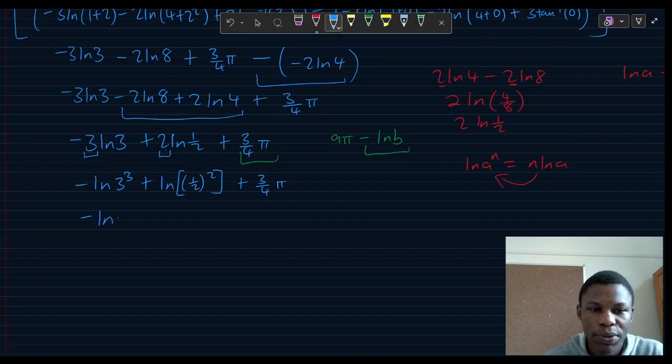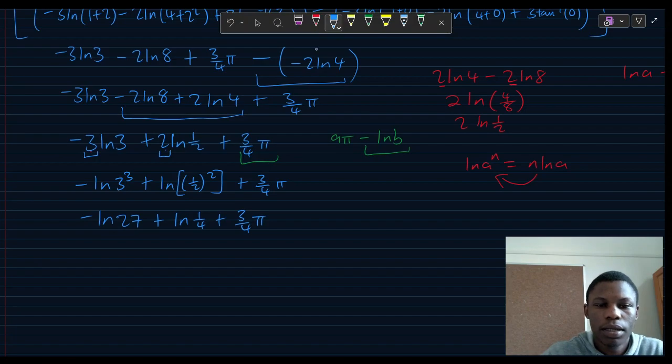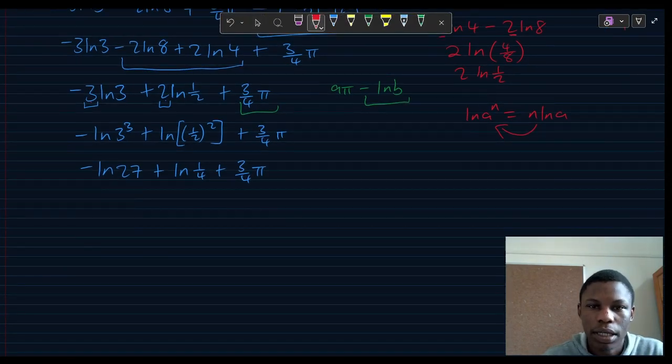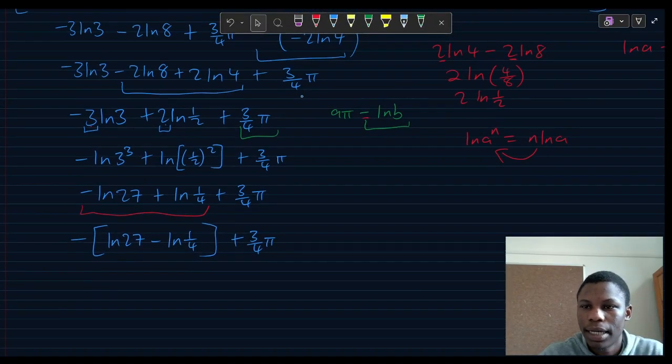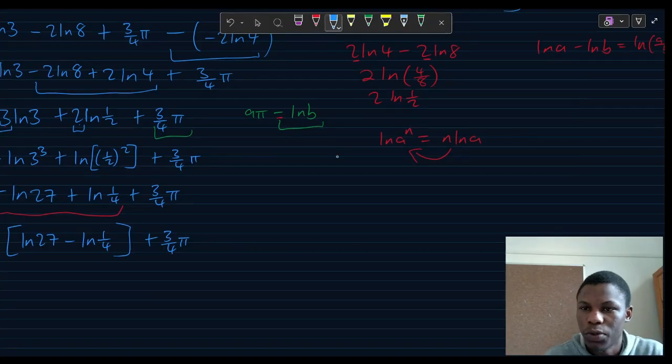Negative ln 3 cubed is 27, and then we've got plus ln a quarter, plus 3/4 pi. Now let's just focus on our logarithms here. I want to preserve a negative sign, so I'm going to factor out the negative sign, so that what I have here is ln 27 minus ln a quarter, plus the 3 over 4 pi. Inside the brackets, I can use the law of logarithms we just used.